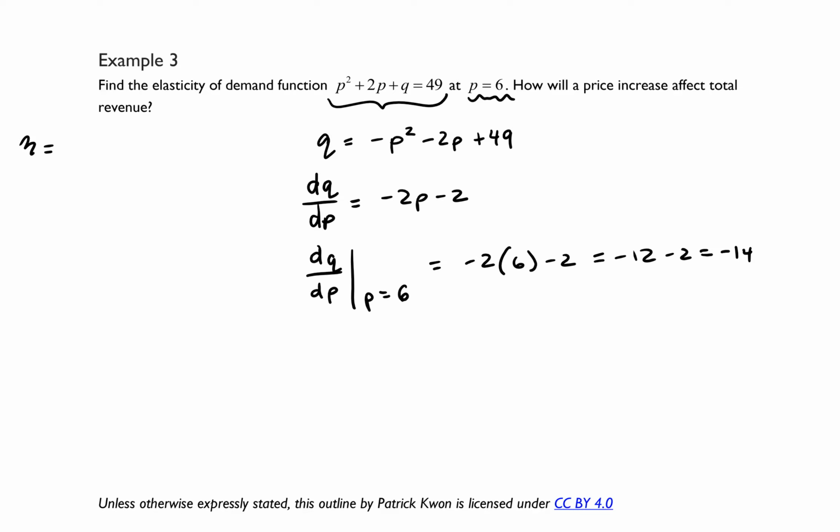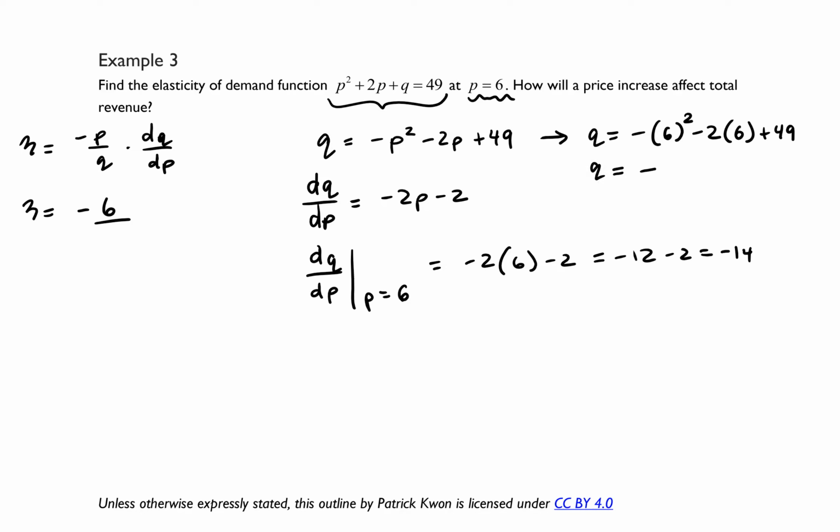So eta is equal to negative p over q times dq/dp. And let's see, negative 6 over, so here we need to plug in p equals 6. So we get q is equal to negative 6 squared minus 2 times 6 plus 49. And that's going to be negative 36 minus 12 plus 49, which equals 1.